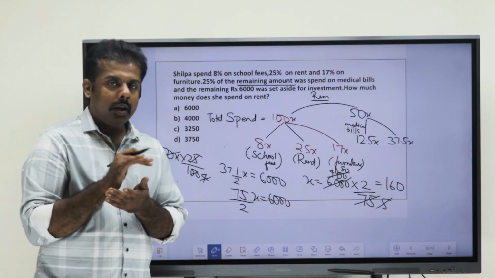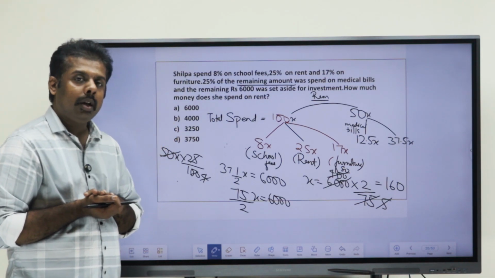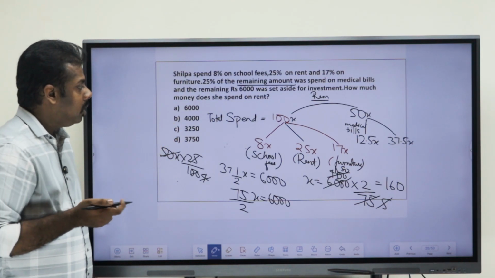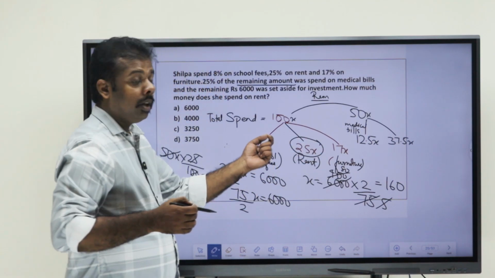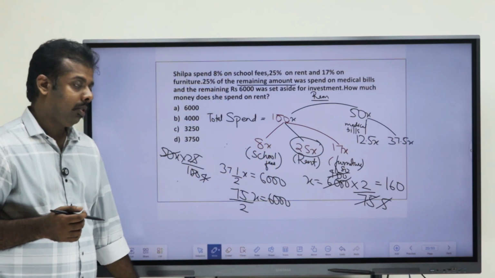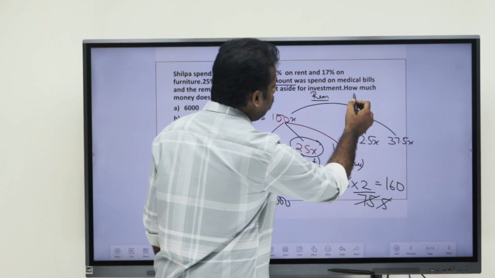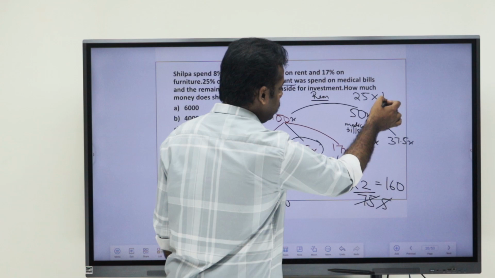Now, what is the final question they have asked? How much money does she spend on rent? What has been assumed? She is spending 25x on rent. We have already got the value of x as 160, so you can easily find the final answer. In rent, how much has she spent? 25 into 160.